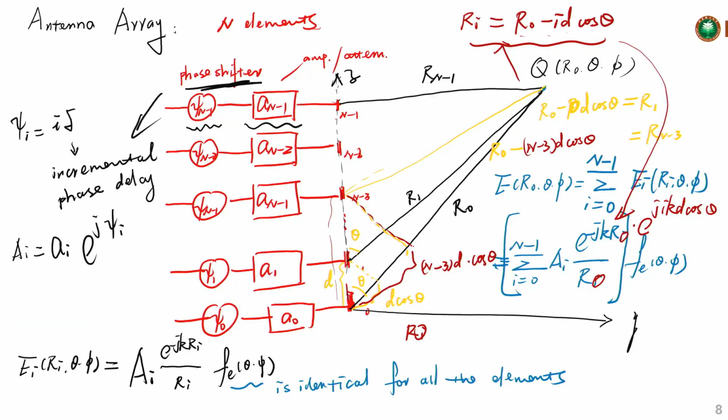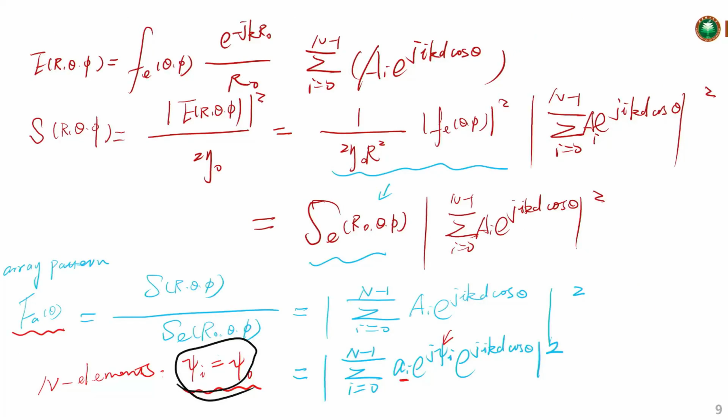If we have this form, then let's come back to our previous expressions. This expression can be put as here, for this condition: a_i times e to the j psi_i, where psi_i equals i delta.